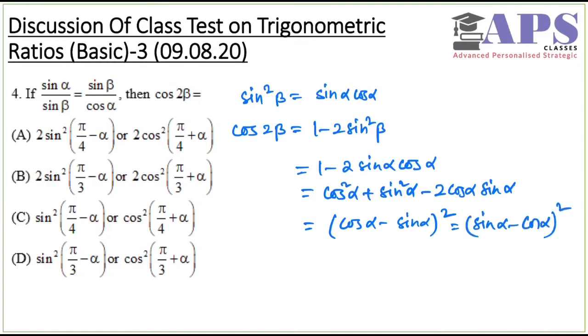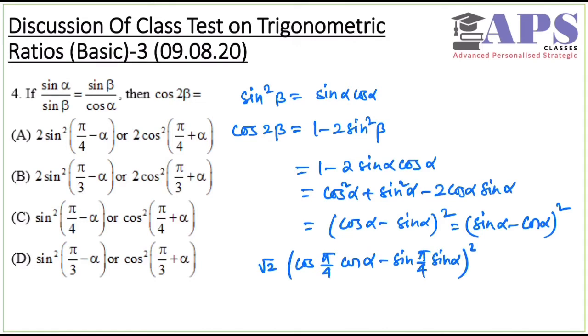same thing. Now option is also not in this form, so now I have to simplify it. As I have told in the previous question that whenever you have cos alpha minus sine alpha, you can multiply and divide by root 2. So I will take it as root 2 into cos pi by 4 cos alpha minus sine pi by 4 sine alpha.